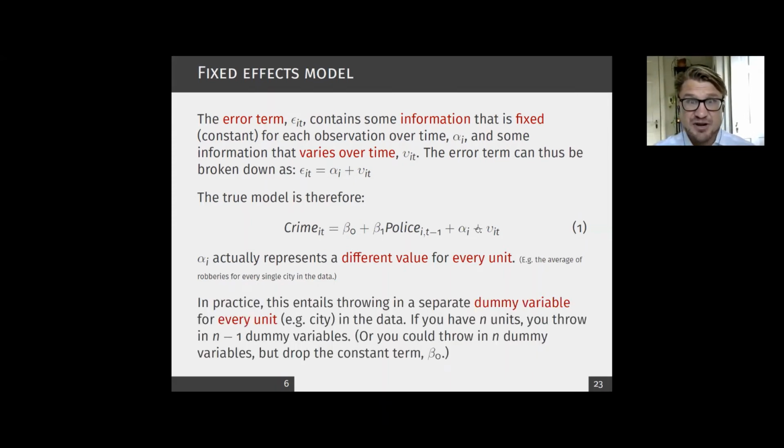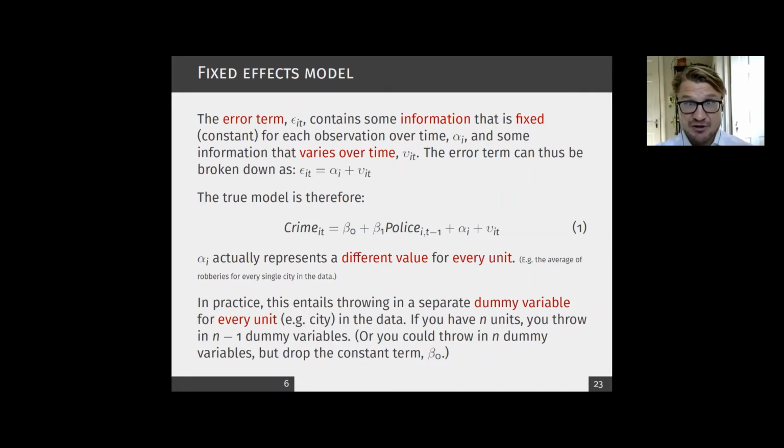So what you actually want to do when you estimate this model is throw in a dummy variable for every single value of I. So, for example, if you have 4 cities in your model, and the cities are Fresno, San Francisco, Palo Alto, you just throw in a different dummy variable.